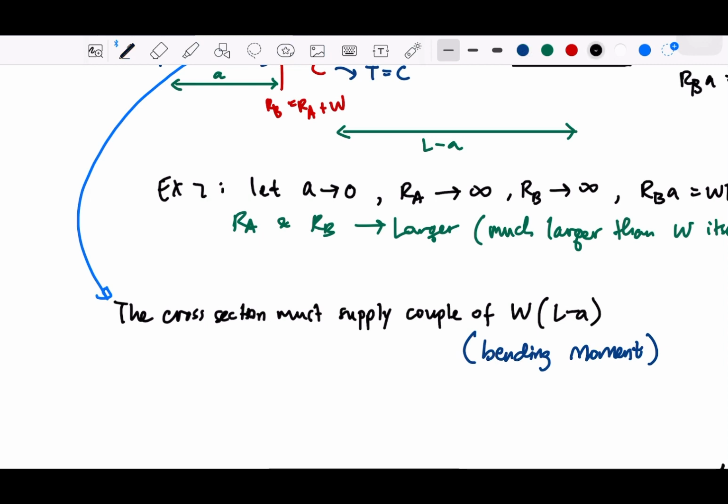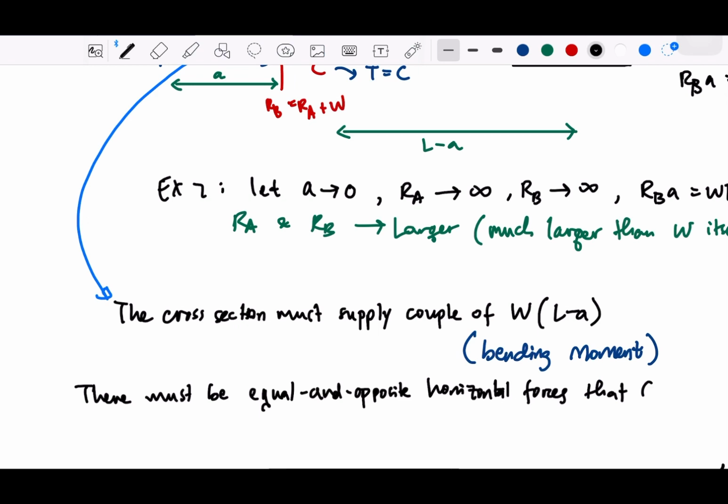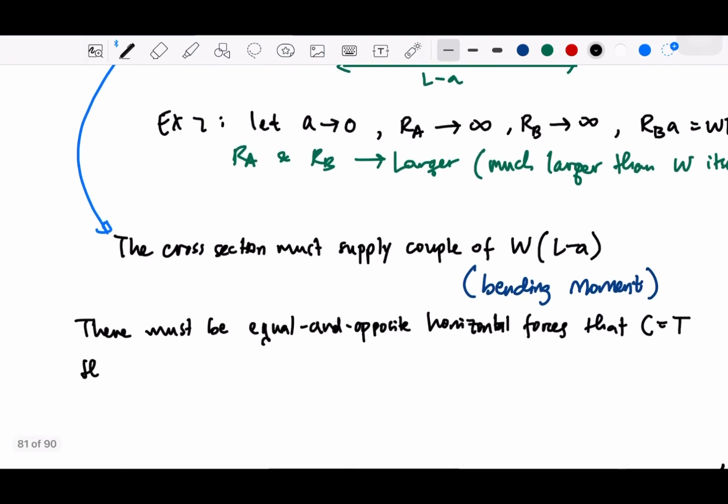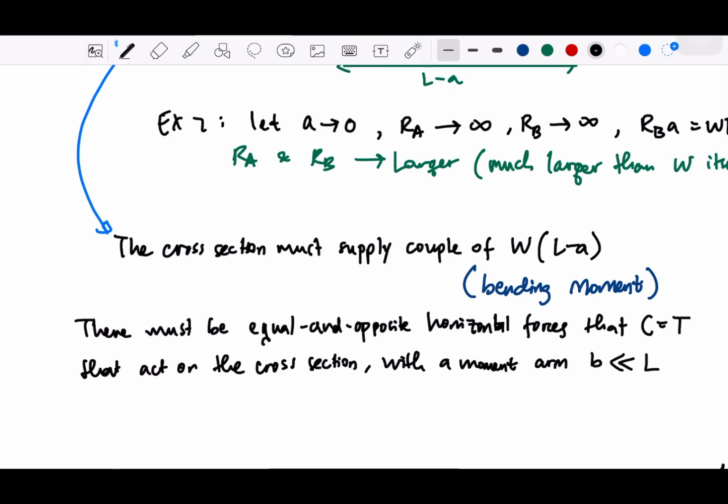So to form this couple, there must be equal and opposite horizontal forces that make the compression equal to the tension acting on the cross section, with a moment arm B that is really small compared to the length of the shuffle itself.